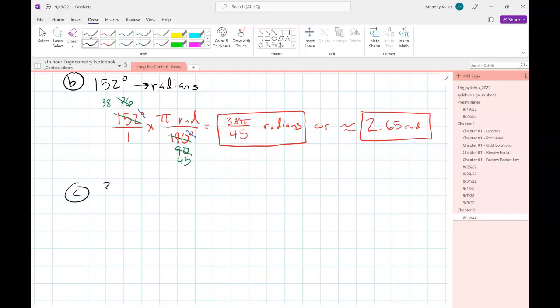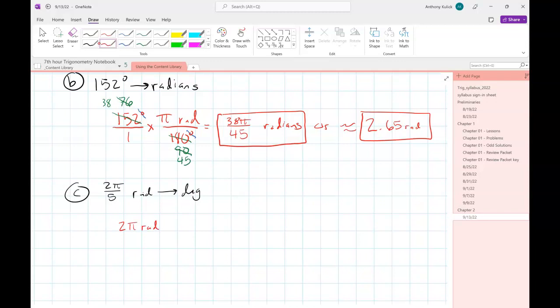What if we want to take 2 pi over 5 radians and go to degrees? So here we're going the opposite direction.